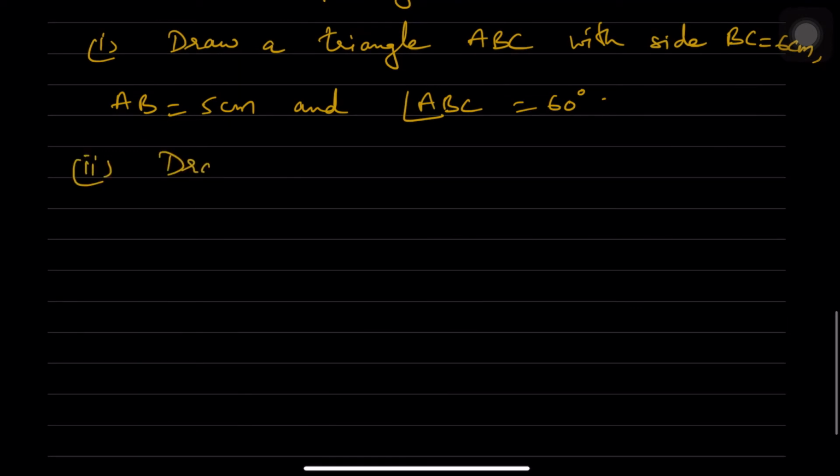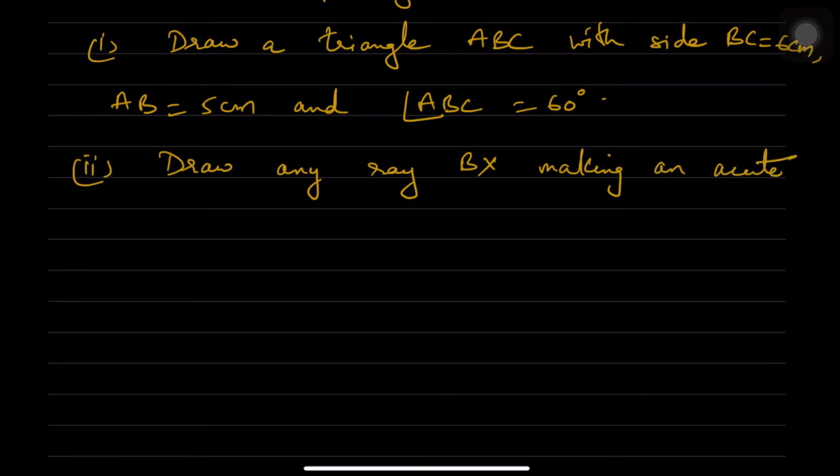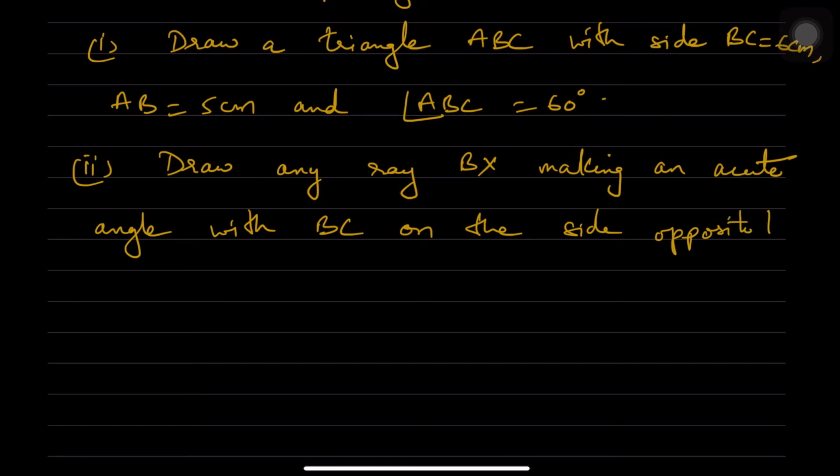Second, draw any ray BX making an acute angle with BC on the side opposite to the vertex A.